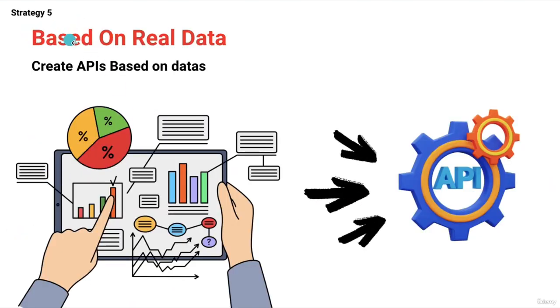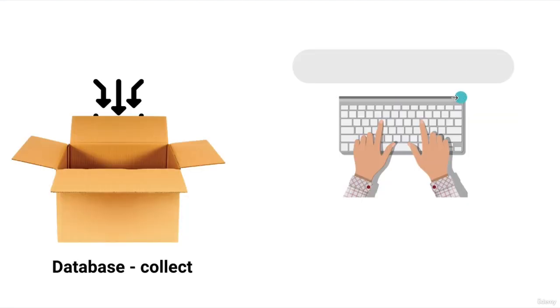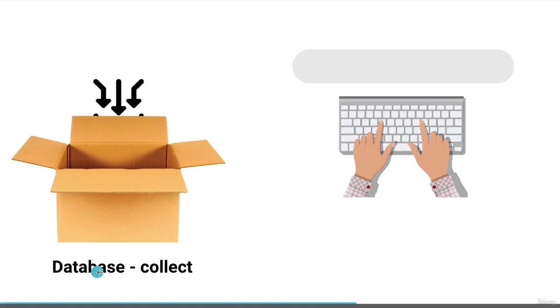So if we go ahead with strategy 5, here we have taught you that we are going to create APIs based on data. So what we are going to do is create one box, a box where we can store data. You can say it is like a database.